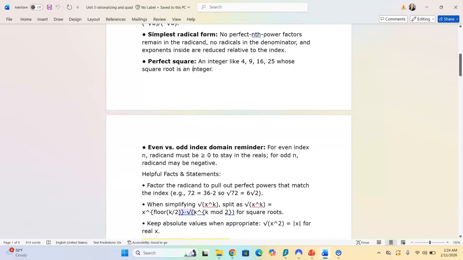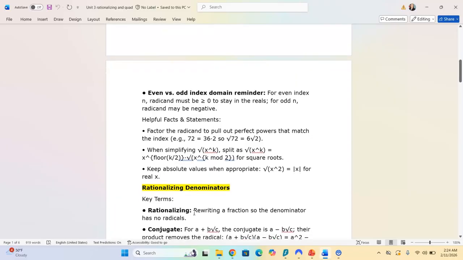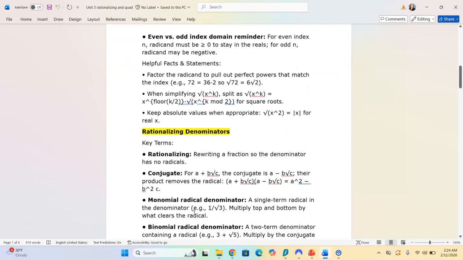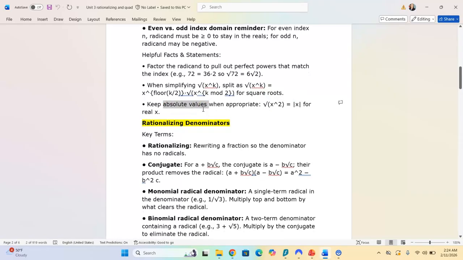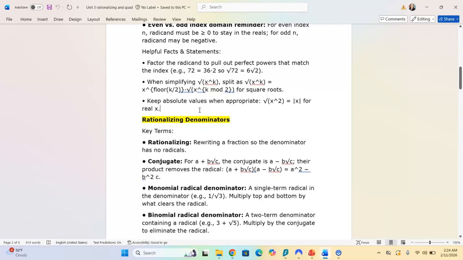A perfect square is anything whose square root is an integer. So 4 times 4 is 16, and so 16 is a perfect square. Remember, we talked about absolute values previously, so hopefully you've got those absolute value notes handy.